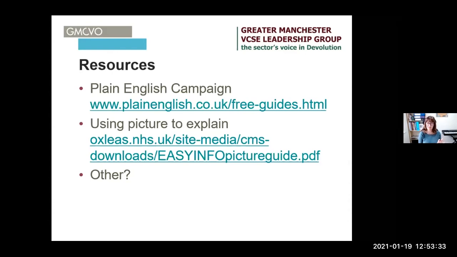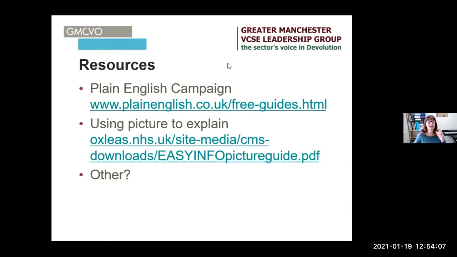So what I'm planning to do next is ask the people here in this meeting, do you know of any resources? If so, you can either put them in the chat or email them to Kat. Because what I'd like to do is build up a little resource sheet for members of the collaborative, where they can have a list of resources that will help them with different aspects of making information accessible.